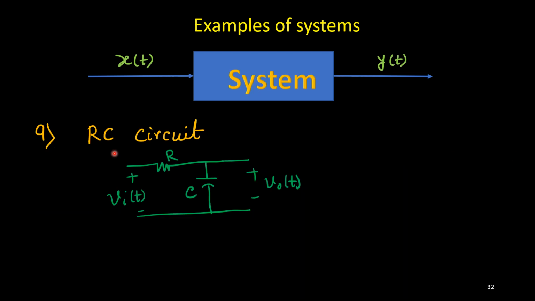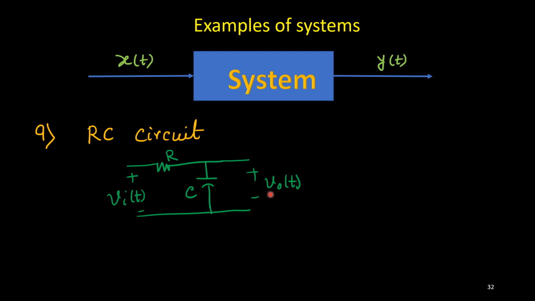Now the next one is the RC circuit. One practical circuit we can consider is the RC circuit. It contains a resistance and a capacitor, connected in series, and we have applied an input signal v_i(t), with the corresponding output v_0(t) taken across the capacitor.